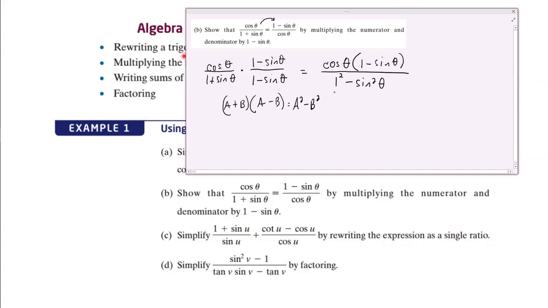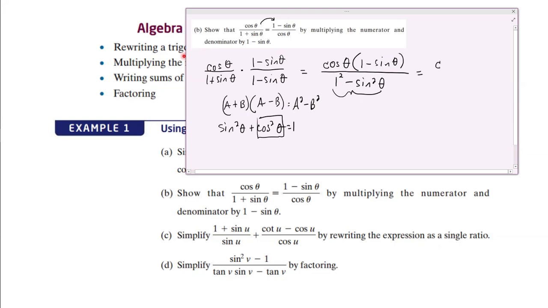And this piece here, the 1 minus sine squared theta, since we know that sine squared theta plus cosine squared theta equals 1 from our Pythagorean identities, I could subtract sine squared theta from both sides, right? And that would tell me that the cosine squared of theta is equivalent to 1 minus the sine squared theta, exactly what we've got here.